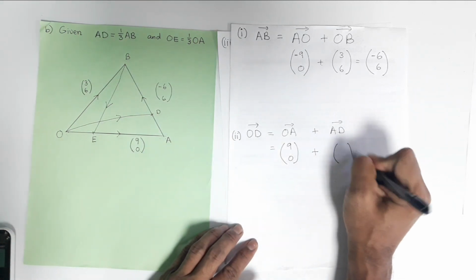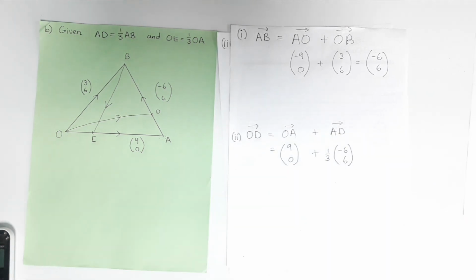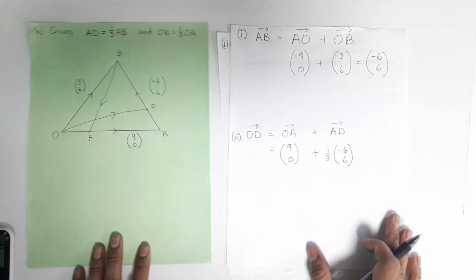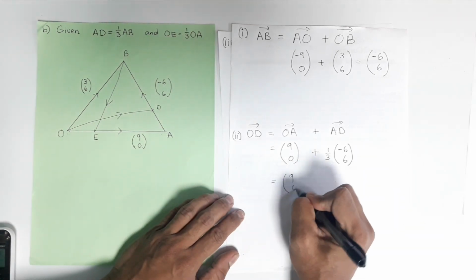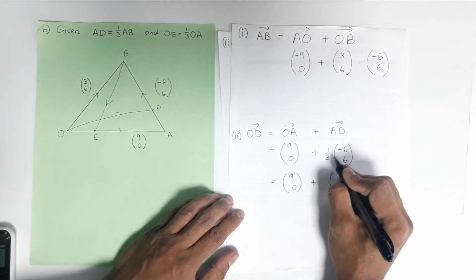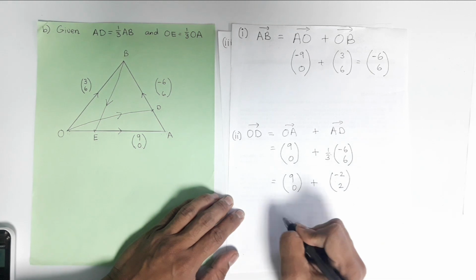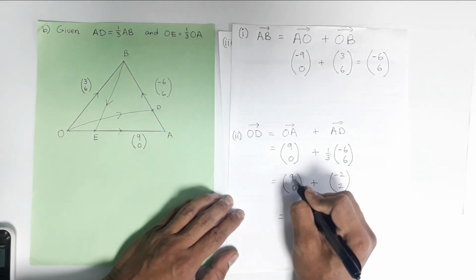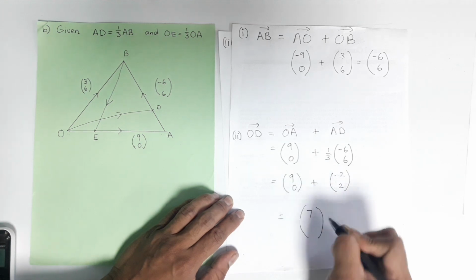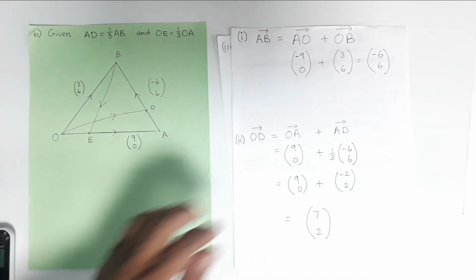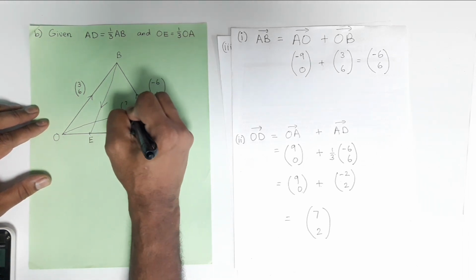So if the entire line is minus 6, 6, AD is 1/3 of that, which basically means you're multiplying everyone inside the brackets by 1/3. 9, 0, and 1/3 of minus 6 is minus 2, 1/3 of positive 6 is positive 2. Add the two top numbers. 9 plus a minus is a minus, so 9 minus 2 is 7, and 0 plus 2 is 2. So OD is 7, 2.